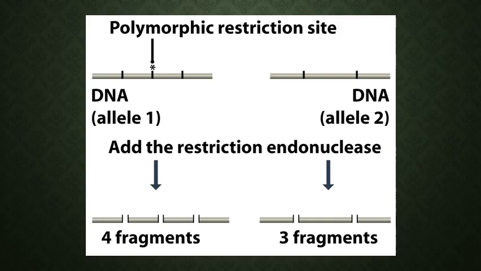So then we need Southern hybridization, which I have taught you earlier, using a probe that spans the polymorphic restriction site, which provides one way of visualizing an RFLP. And nowadays, PCR is more frequently used for this technique.